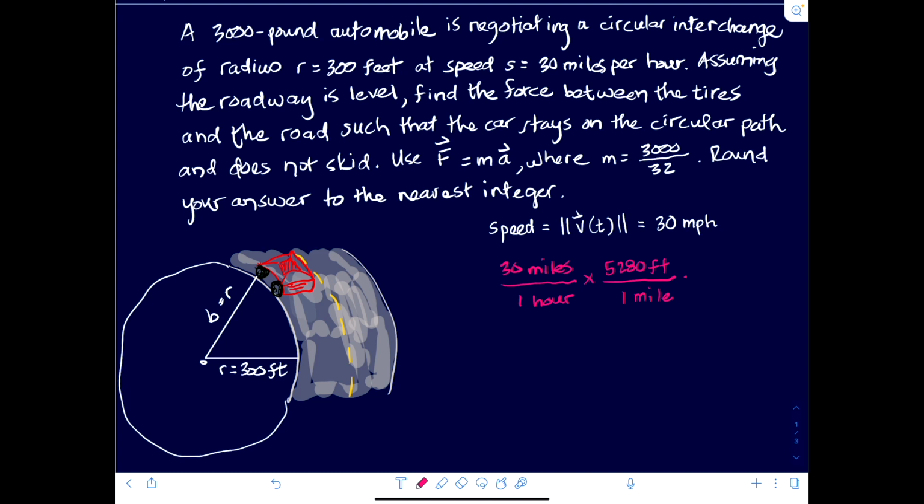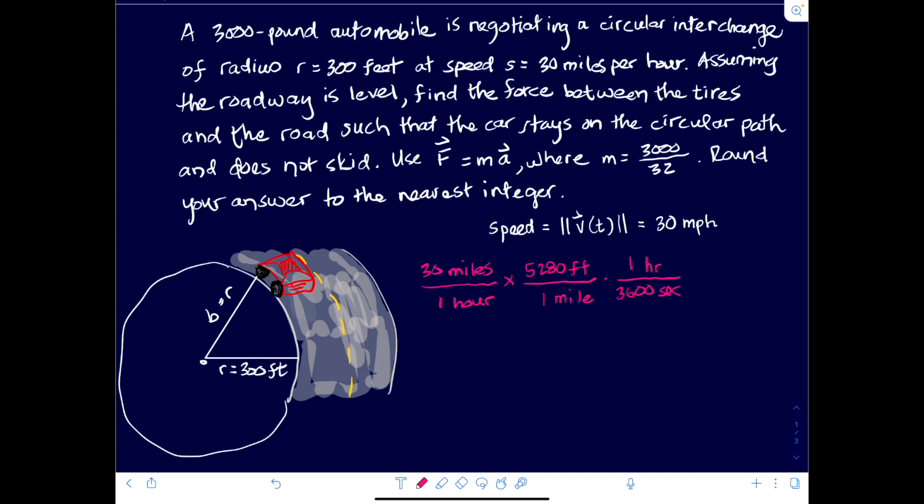So there are 3,600. Sorry, we need to get the hour out of there. So this would be 3,600 seconds per 1 hour. Cool so far?